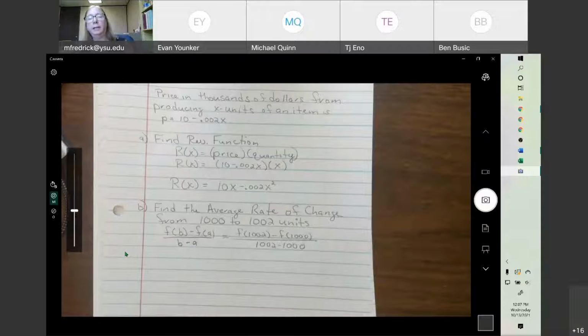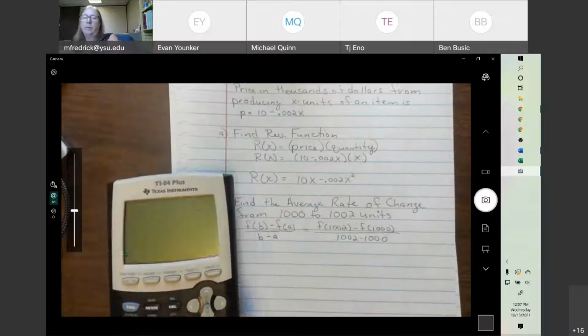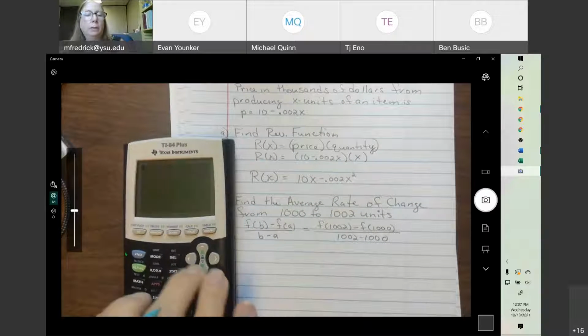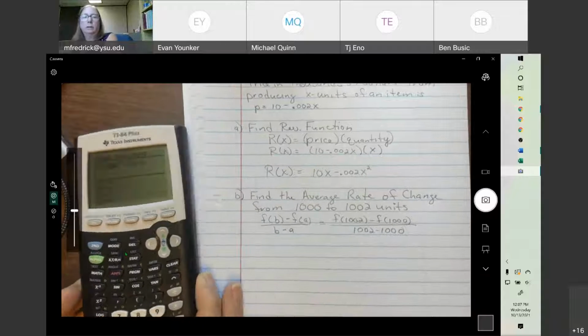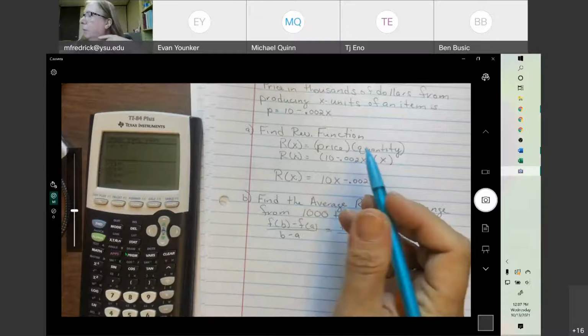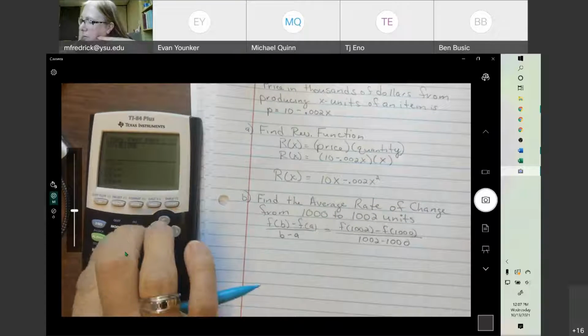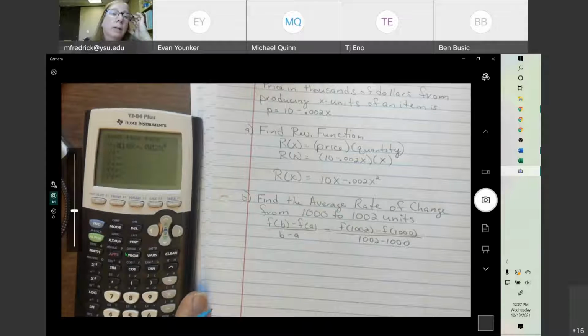Now you could plug it in and do it, or you can plug it under y equals. So I'd put my 10x minus 0.002x squared. Now you don't need to graph it.